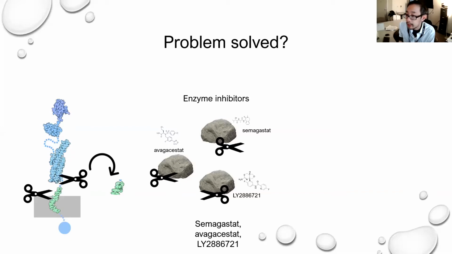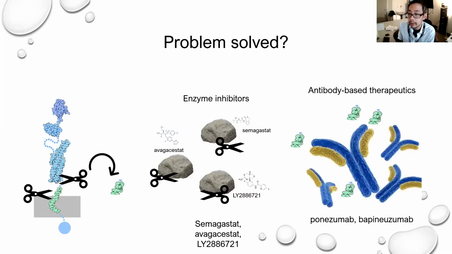Many of these inhibitors have gone to clinical trial, and so far all of them have failed. There have also been antibody-based strategies which target beta amyloid to enhance its clearance or decrease its levels in the brain. And so far, these have also largely failed in clinical trials.